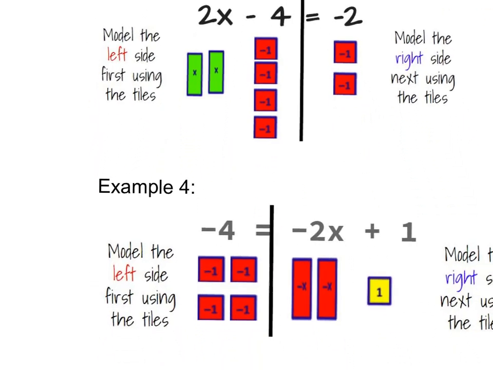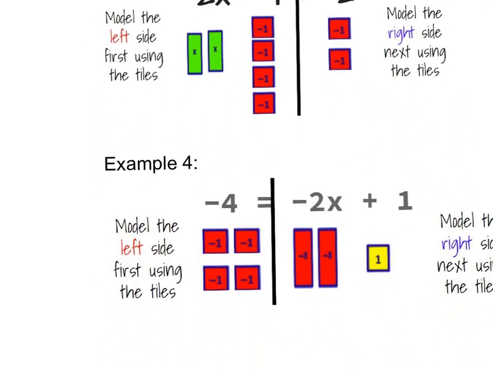And for the last example we have here, I have -4 on the left-hand side equals -2x plus 1. So on the left-hand side of our model, we have 4 squares with a -1 inside. You have the coefficient of -2, so that means I have -2x.